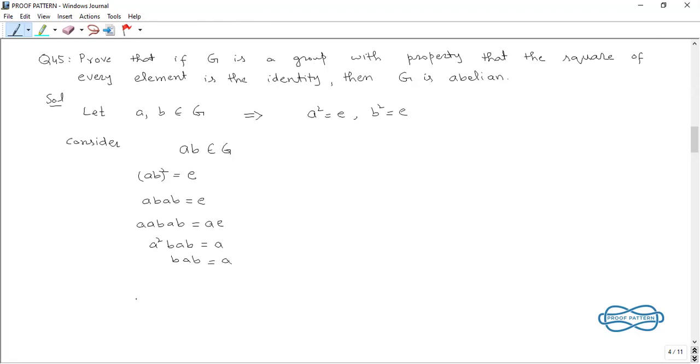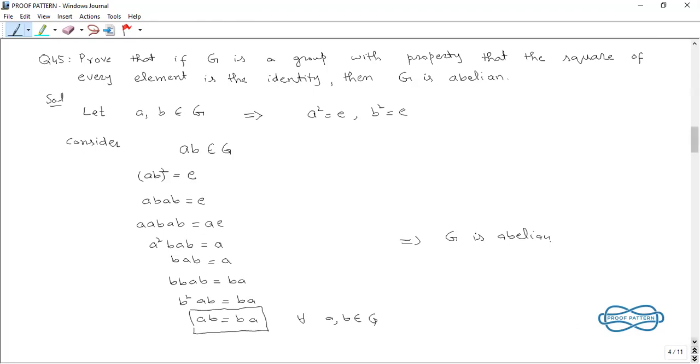And similarly, if we pre-multiply with b, we get b squared, and b squared is identity, so ab is equal to ba for all a, b belonging to G. And this means G is abelian, because ab is equal to ba for all a, b belonging to G.